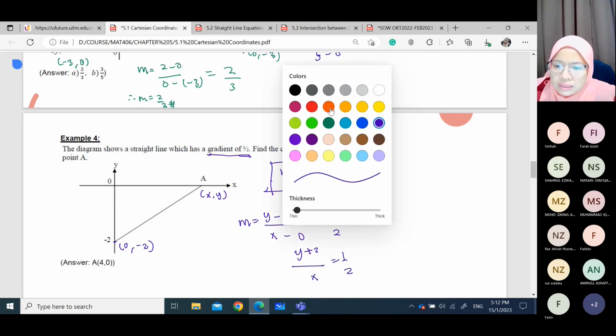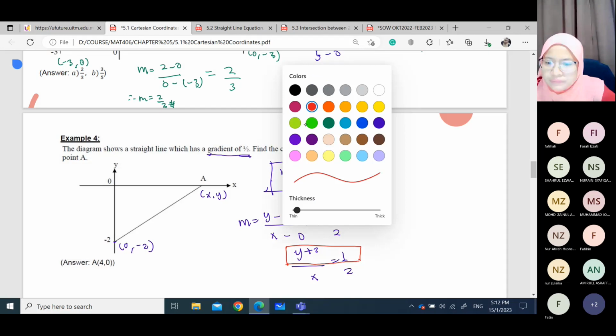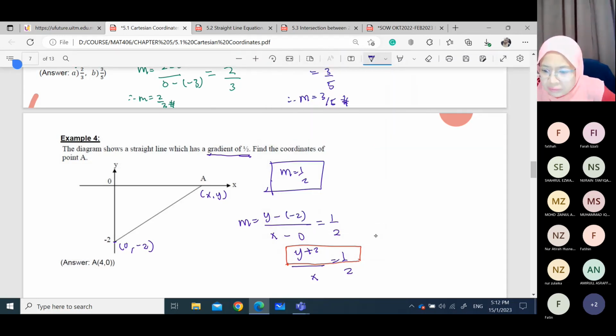Now we want to find the values of x and y. We compare the left hand side and the right hand side. So here we have y plus 2 equals 1. So y is 1 minus 2, which is negative 1.